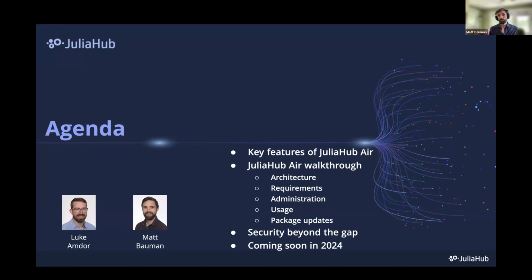Then I'll hand things over to Luke, where he will walk through what it actually looks like, the nuts and bolts of installing it, the architecture, how you administer the air-gapped installation, how you use it, and then how you get package updates and things like that to the air-gapped network.